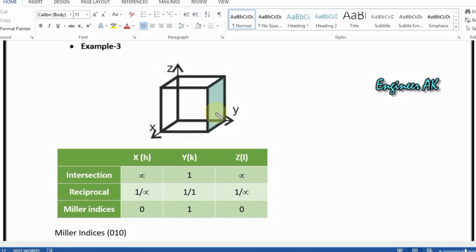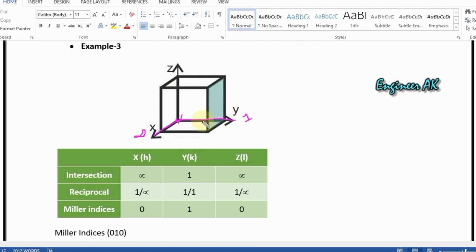So again I am taking this as origin, right? If I move in the x-axis, it is cutting at infinity. If it is moving along the y-axis, we can see that it is cutting at 1, meaning from here to here is 1 distance, right? I told you we have to take it as 1.